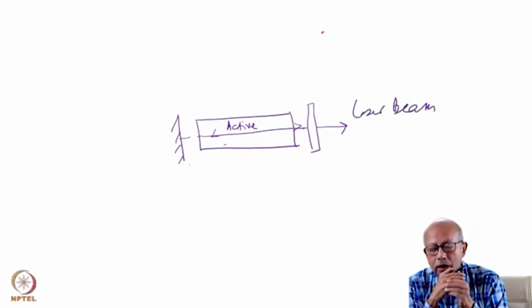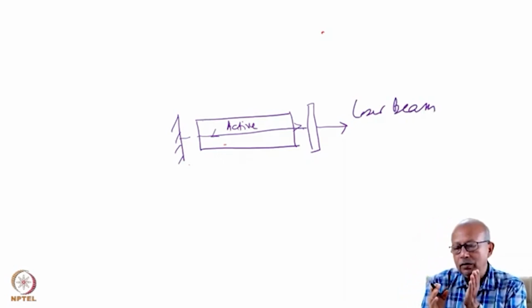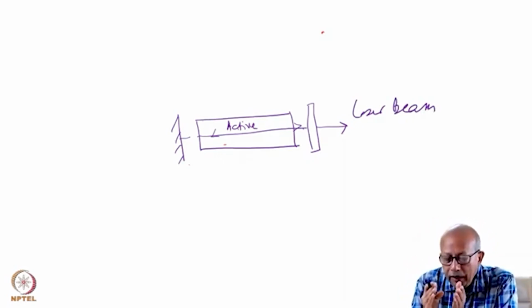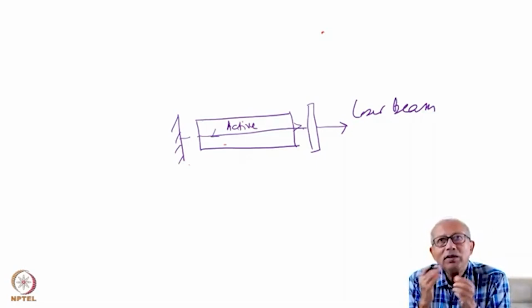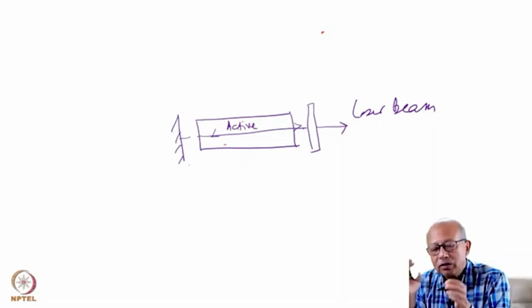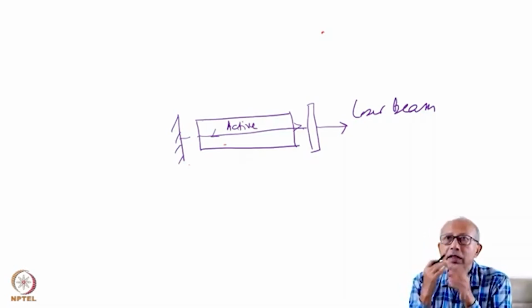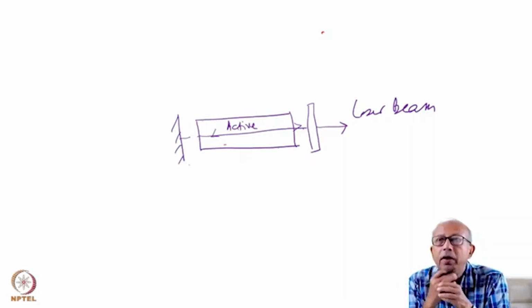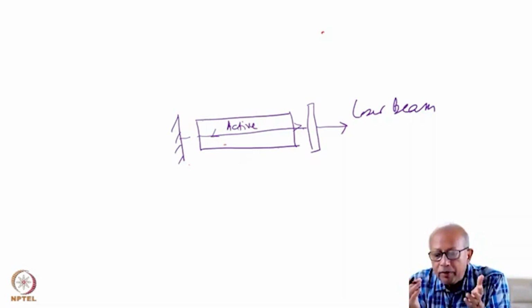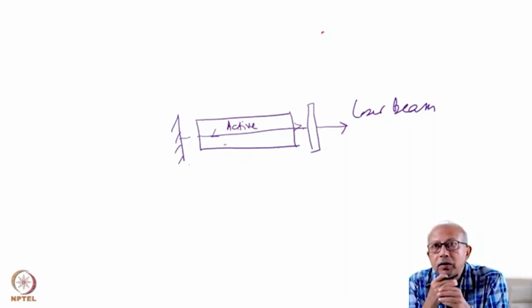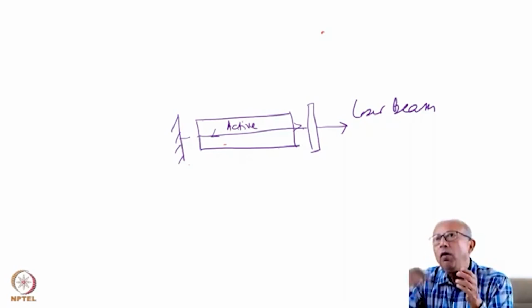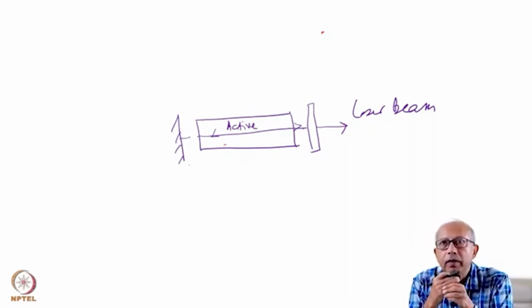Now you see, it is not that a particular partially transparent mirror will suffice for all lasers. Different lasers, and even the same laser, depending on their operating condition, may require partially transmitting mirrors of a variety of transmissions.